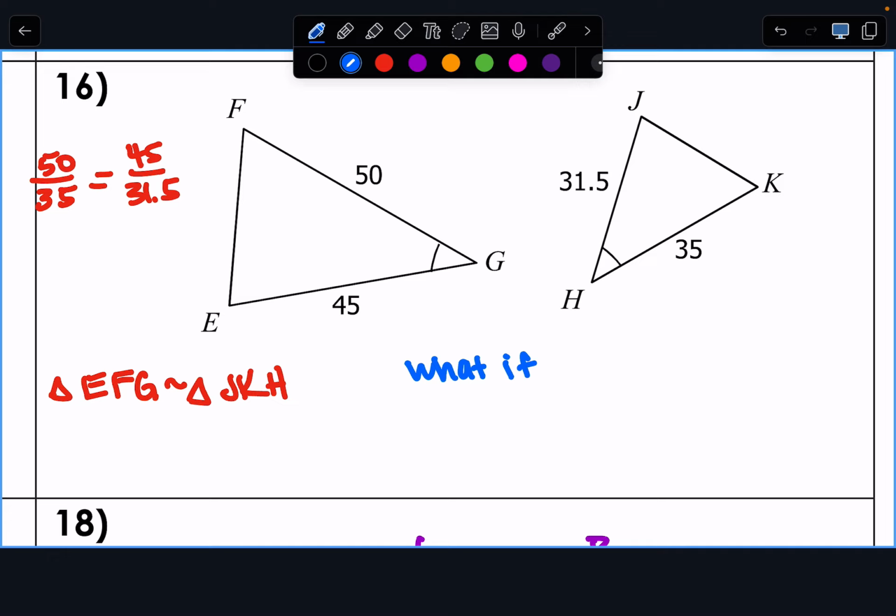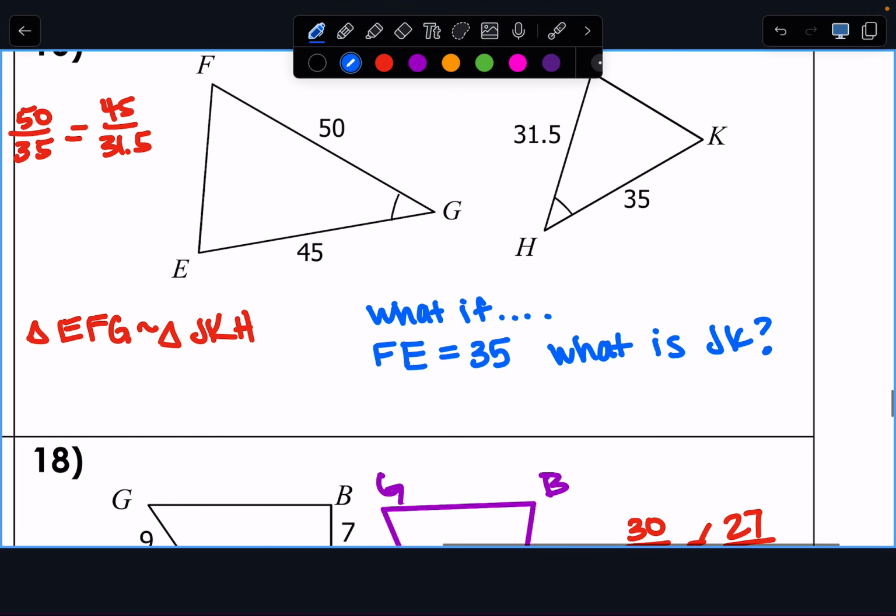Now, what if I told you FE has a measure of 35. How would we find JK? You divide by 1.5.